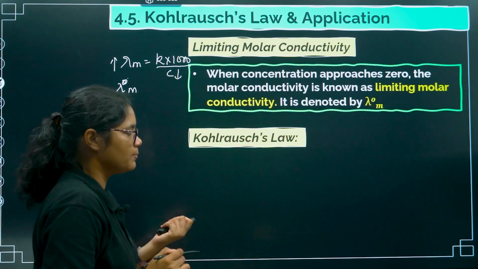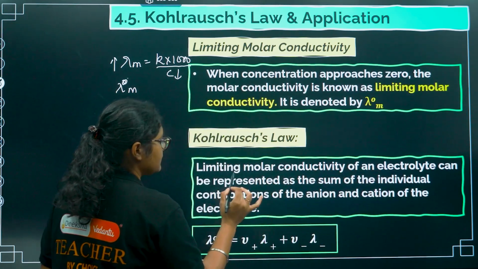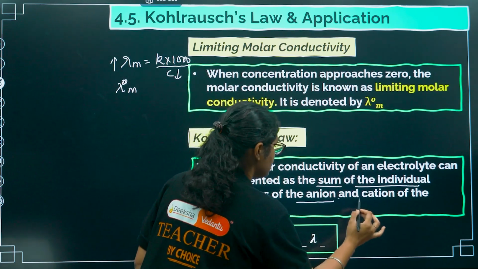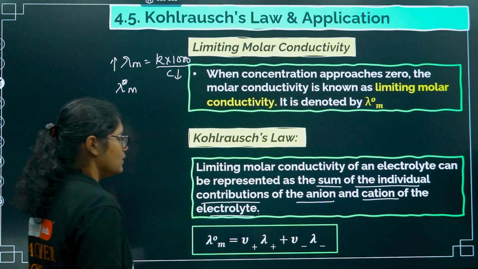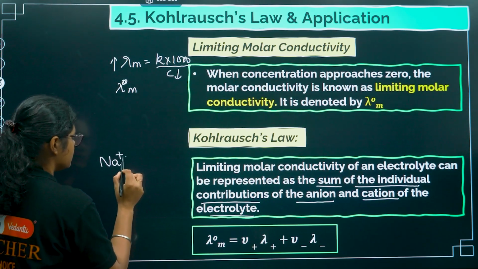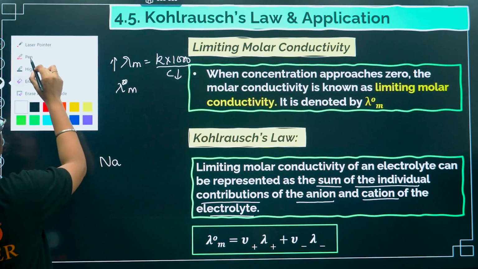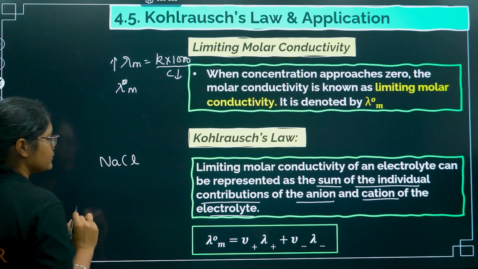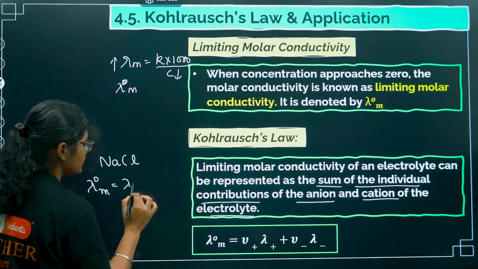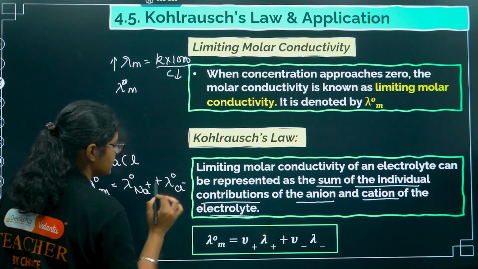Now what is Kohlrausch's law? Kohlrausch's law says that the limiting molar conductivity of an electrolyte can be represented as the sum of the individual contributions of the anion and cation of the electrolyte. For example, if I have an electrolyte NaCl and I want to calculate its limiting molar conductivity, that will be equal to the limiting molar conductivity of Na plus and the limiting molar conductivity of Cl minus.